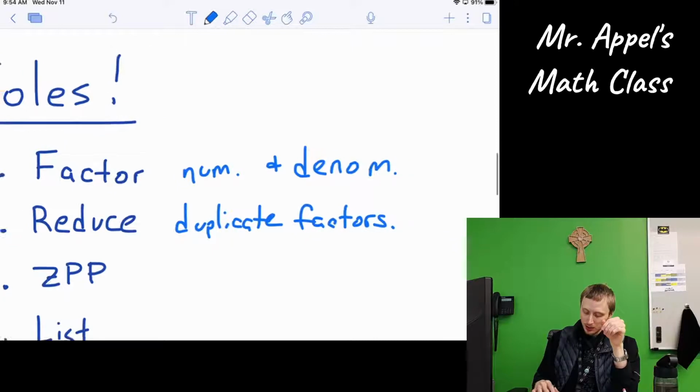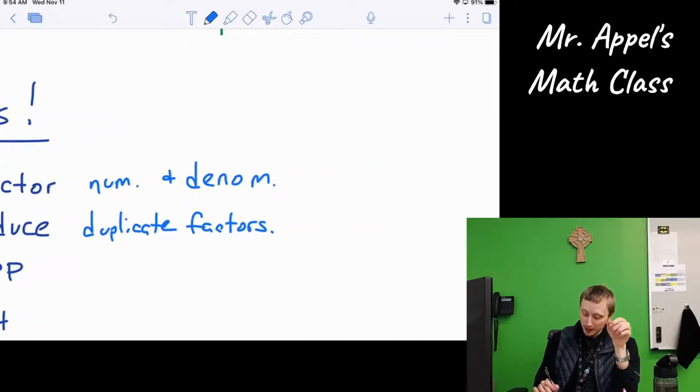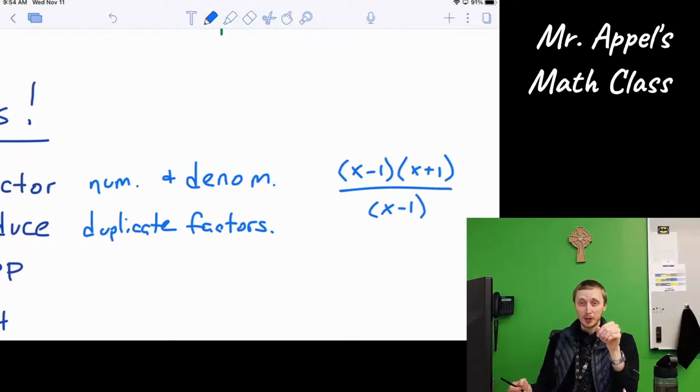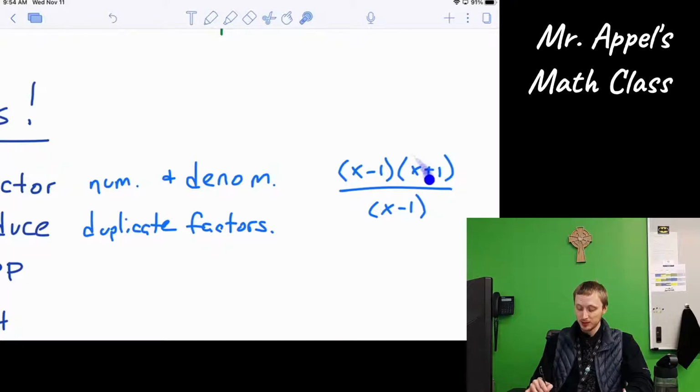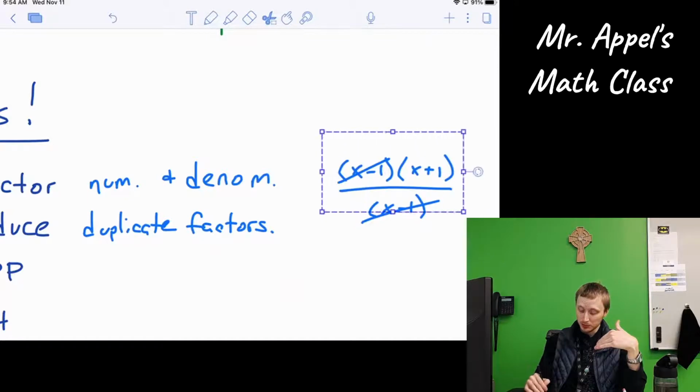right? Let's use the tried and true example. Let's say you factor this guy, you end up with x minus 1, x plus 1, and x minus 1 on the bottom, right? Factor first to get to this stage. Then next you can reduce, and the reductions become your holes.